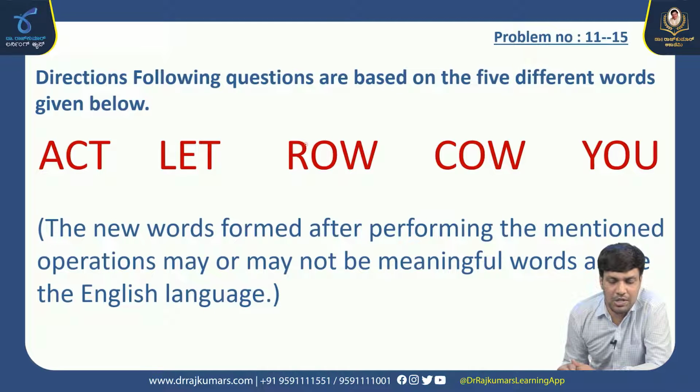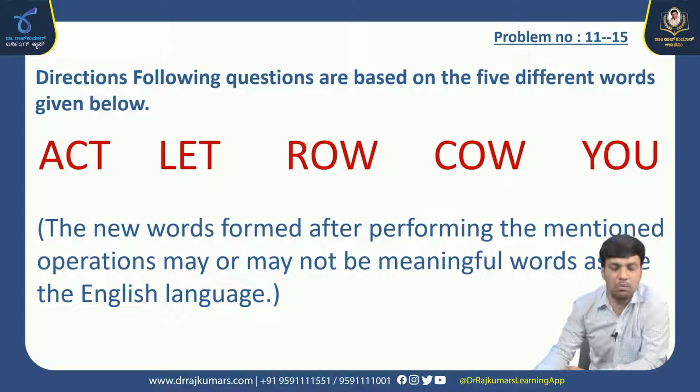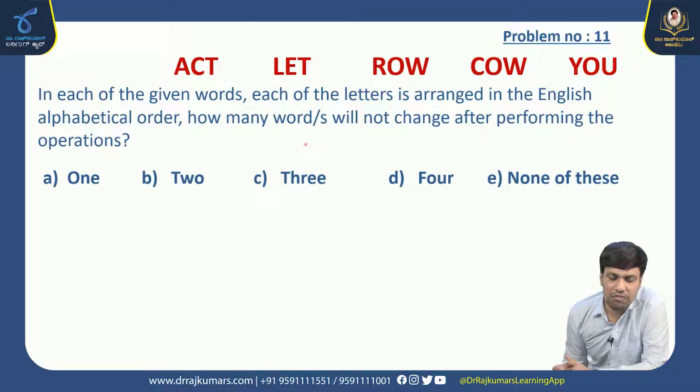The following questions are based on 5 different words given below, right? At, let, row, cow and you. The new words formed after performing the mentioned operation may or may not give meaningful words as per the English language. Moving on to our first question. In each of the given words, each of the letters is arranged in English alphabetical order.